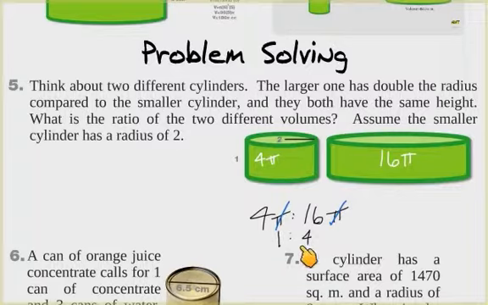All right, so if you double the radius, what do you do to the volume? You multiply it by 4. Okay, multiply it by 4. That just goes for any volume there. If you double the radius of cylinders, you're going to quadruple the volume.